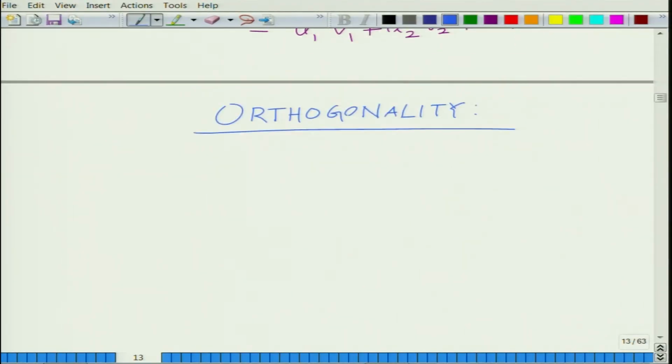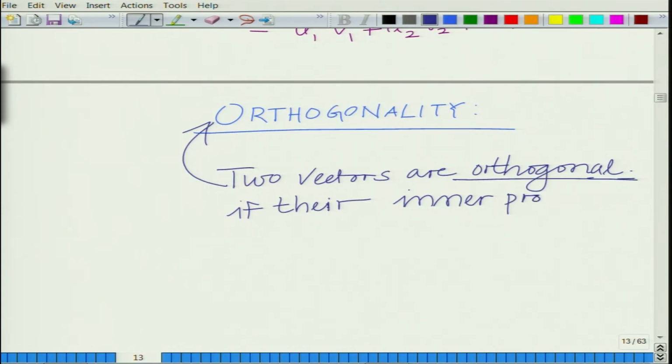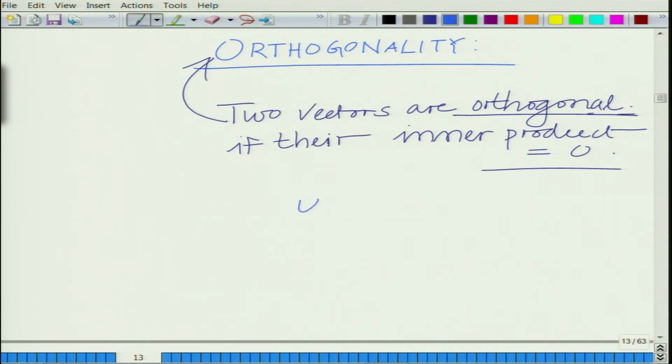So, in real dimensions, for the n dimensional real space, we have u transpose v bar equal to 0.